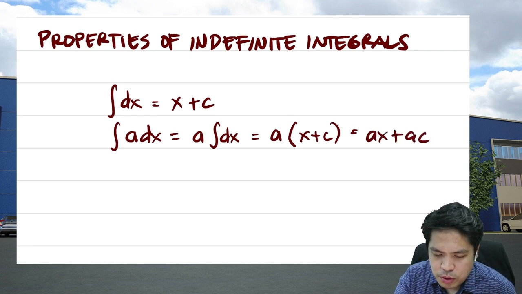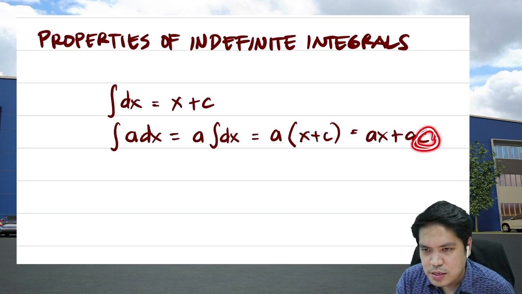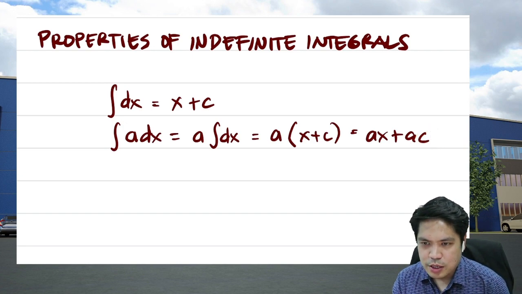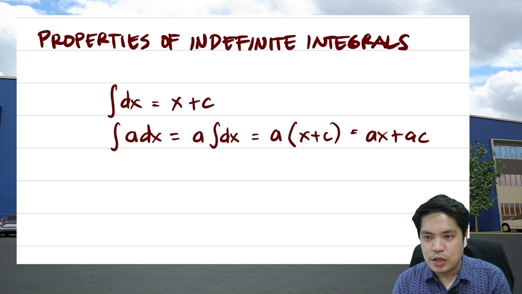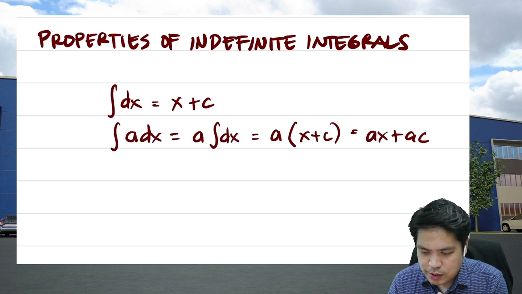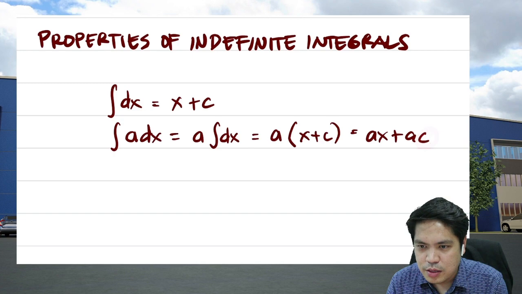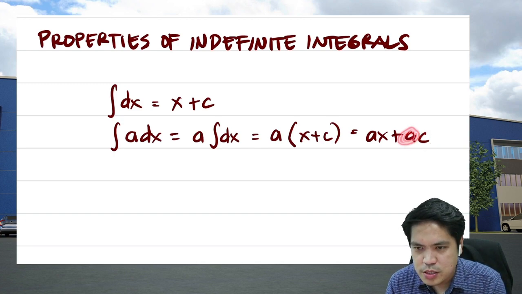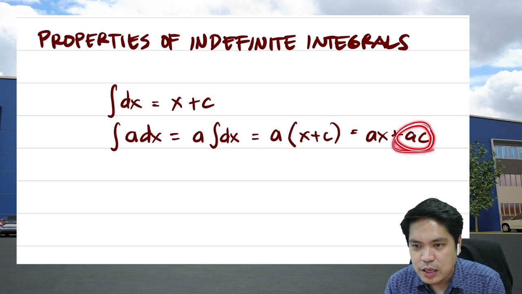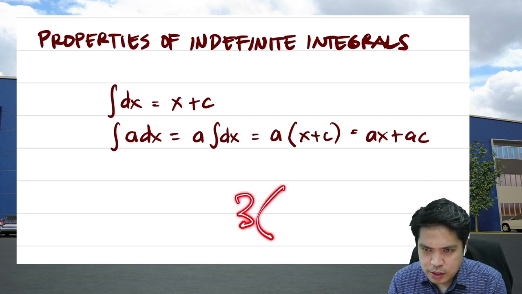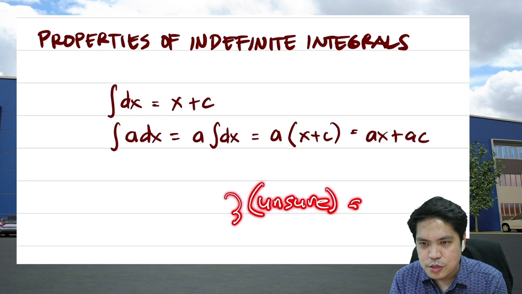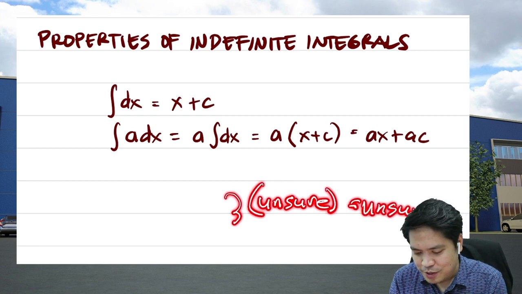But wait, there's more. Remember that c is arbitrary, right? It could have any value, di ba? Pero constant. So if c is arbitrary, then you multiply that with a fixed constant, the result is still arbitrary, right? For example, 3 times an unsure value, of course, the result is unsure, right?